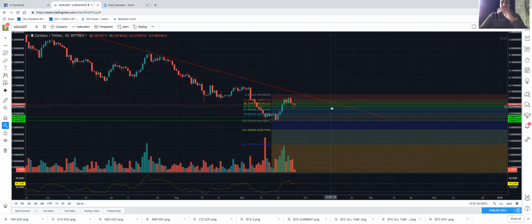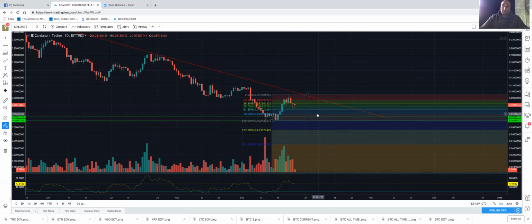So the current move, again: we reached the top of this downtrend line over here and started to come back down. We have found support, breaking our momentum on the way back down to our target zones, the first one being 66 cents roughly, and our 78.6 sitting at around 70 cents.